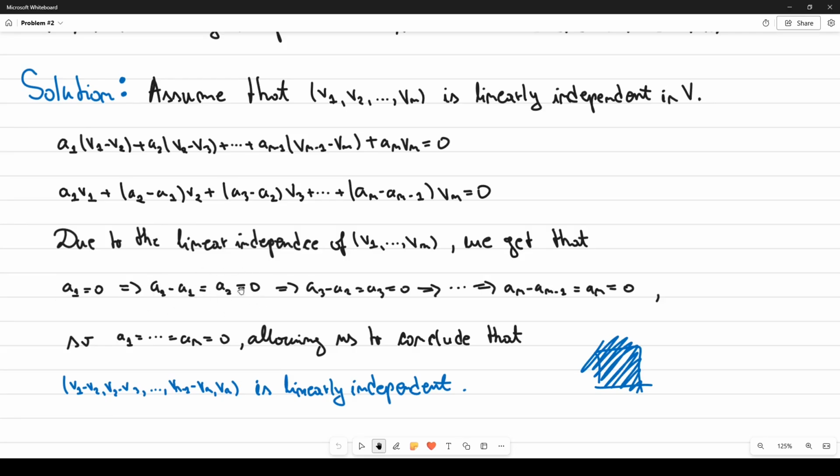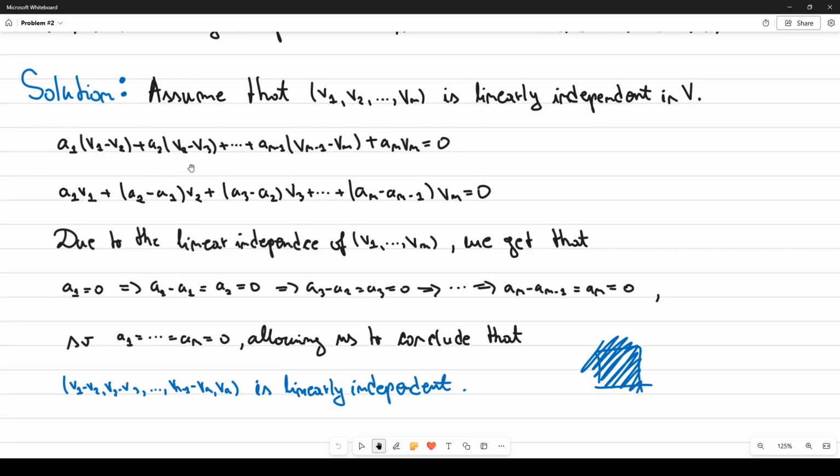We repeat that reasoning to get that, for example, from A3 minus A2, A3 has to be equal to 0. We go this way all the way to An equals 0.